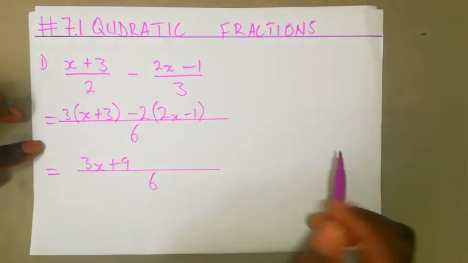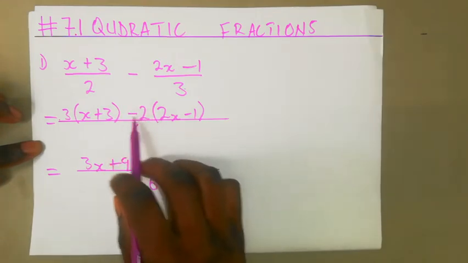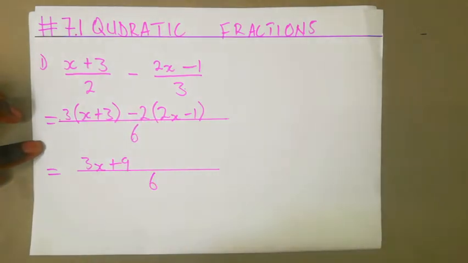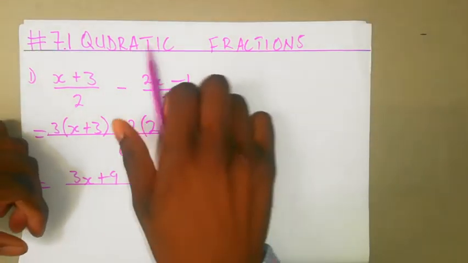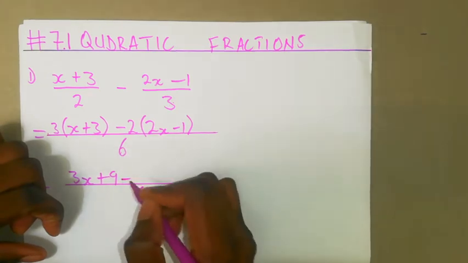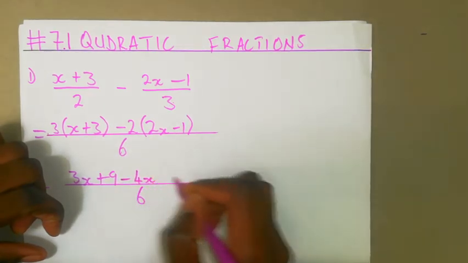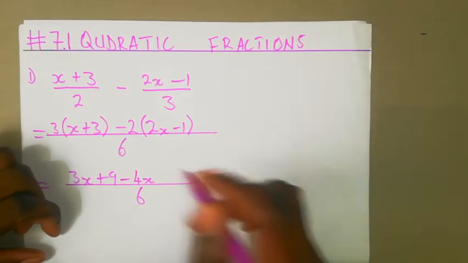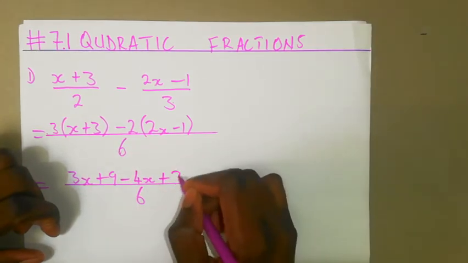Then if I'm coming this side, I'm now taking this as negative 2. Then I'm going to expand that other bracket. So as I continue here, it's negative 2 times 2x, that's negative 4x. Then negative 2 times negative 1, that's positive 2.